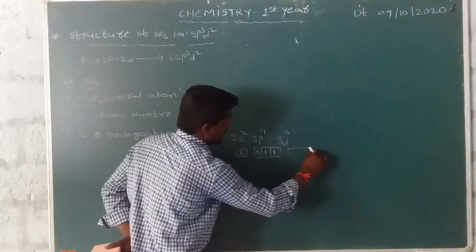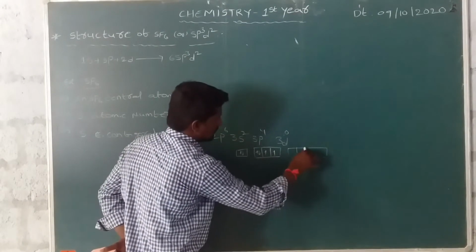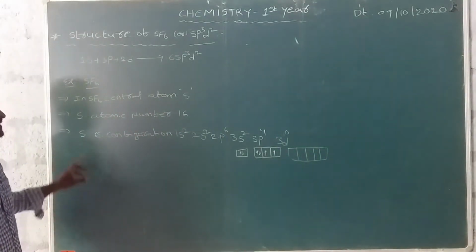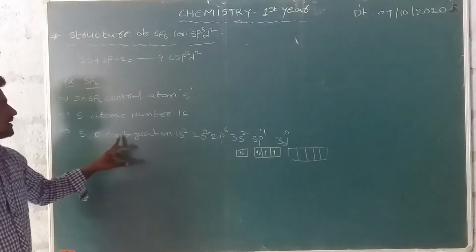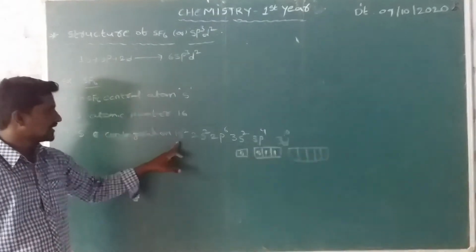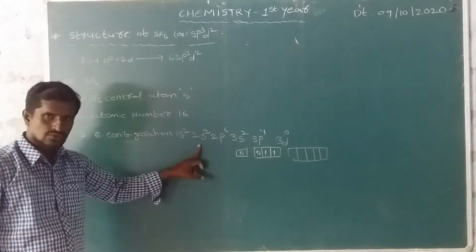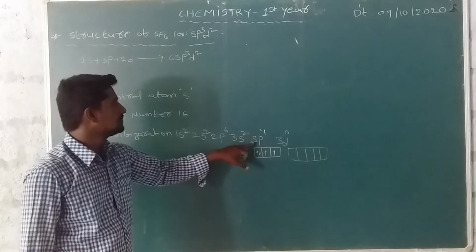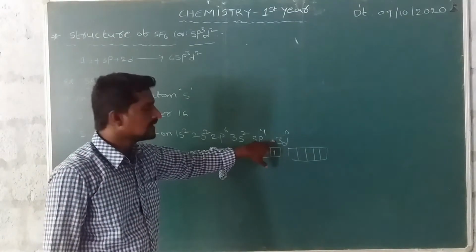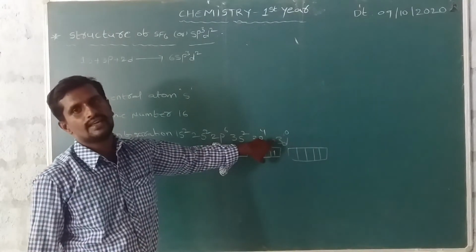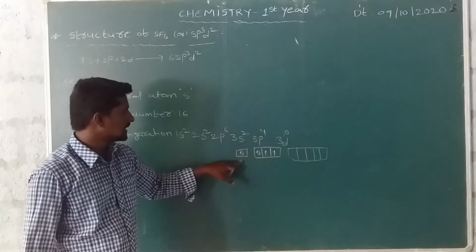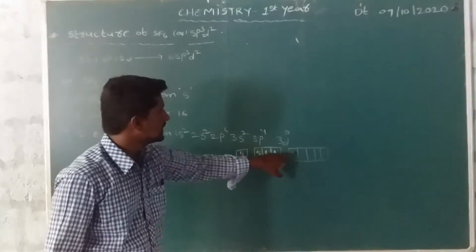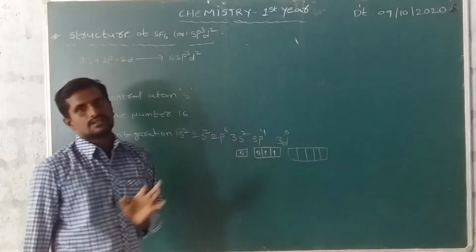And 3d0 has no electrons. So the sulfur electronic configuration is 1s2, 2s2, 2p6, 3s2, 3p4 and 3d0: 3s has 2 electrons, 3p has 4 electrons, 3d has 0 electrons.